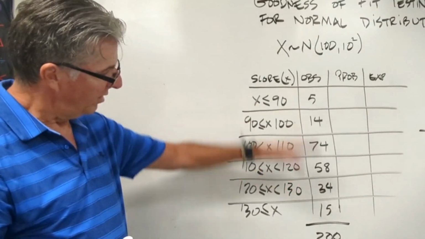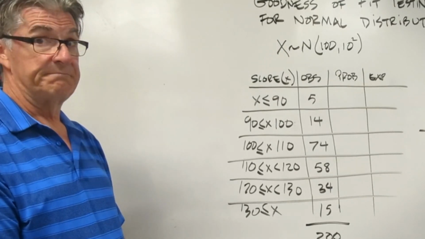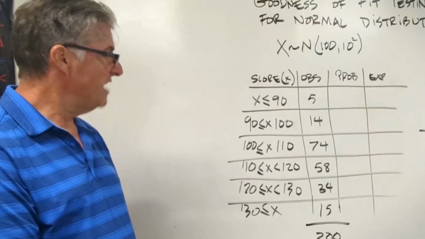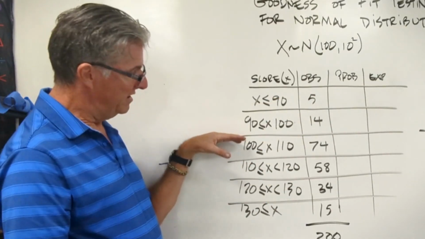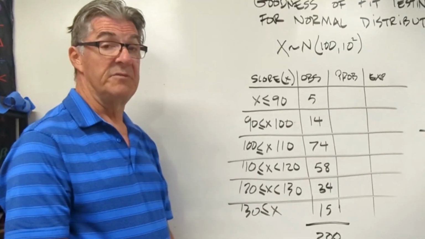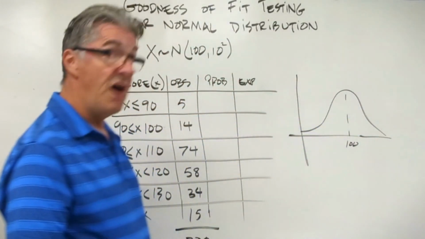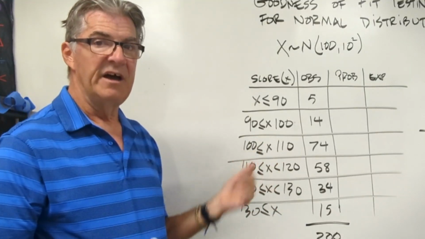Now look at these numbers and tell me if you think that's going to be true for our data set. I think it's pretty obvious that it's not going to be true. There are 19 below the mean, and then all of these are above the mean. So there's way more data over here. So this is not going to be a normal distribution. You can see that right from the data.